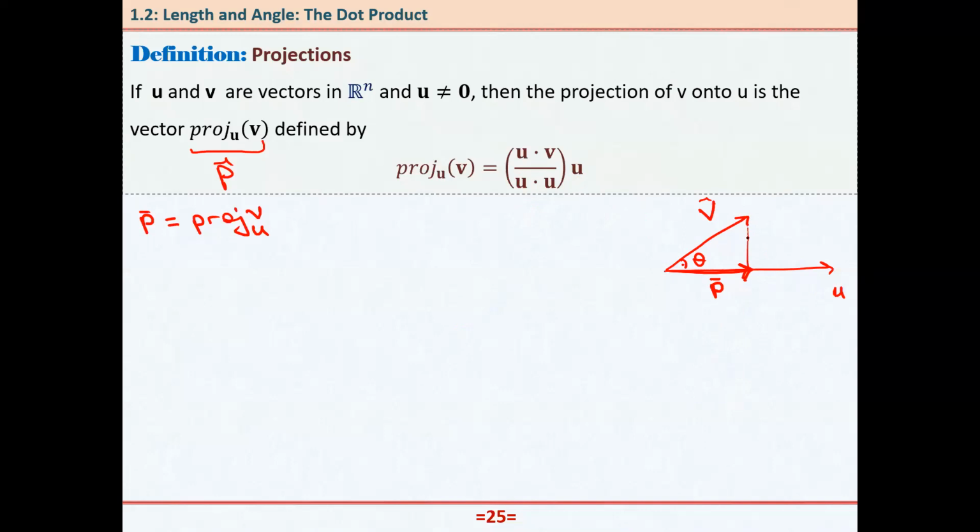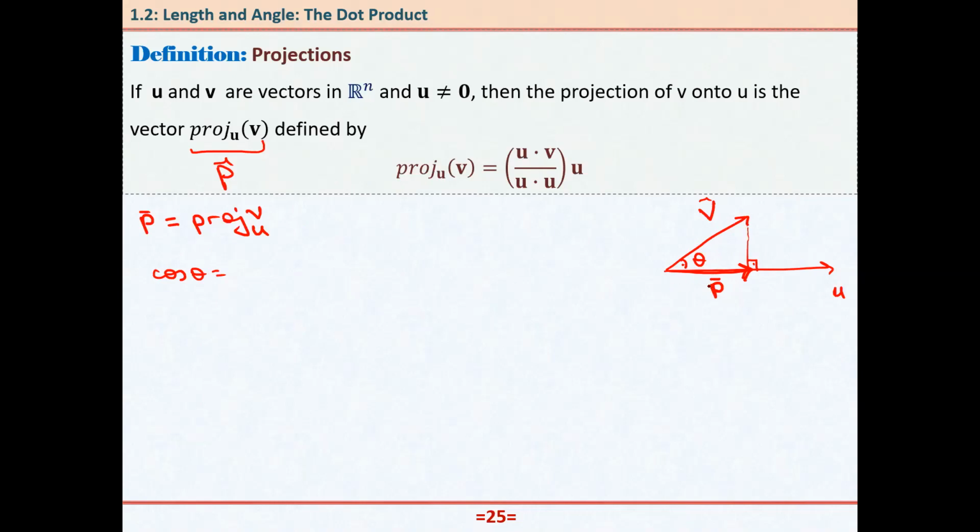And since it's a projection, we're just dropping a perpendicular, so this angle is 90 degrees. As you see here, we have a right triangle. Using the definition of cosine in a right triangle, cosine of theta is the adjacent side over the hypotenuse.